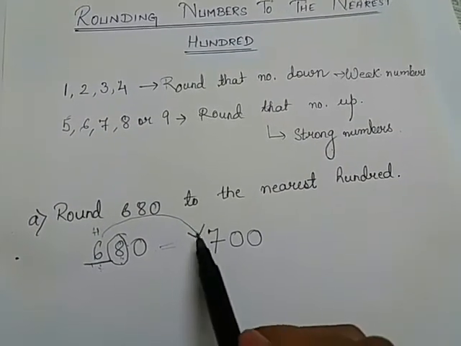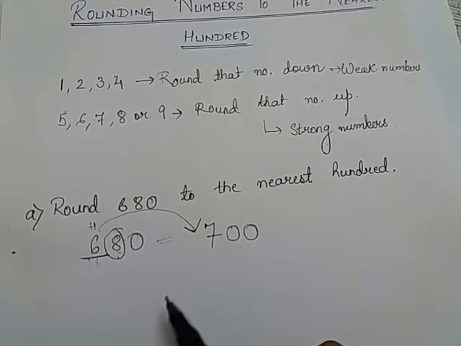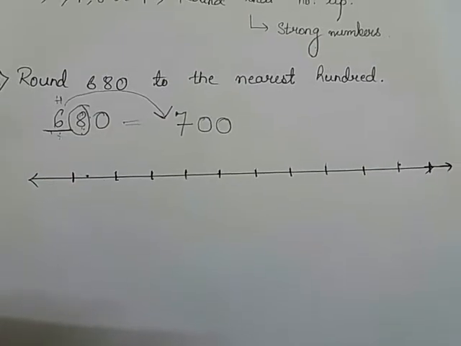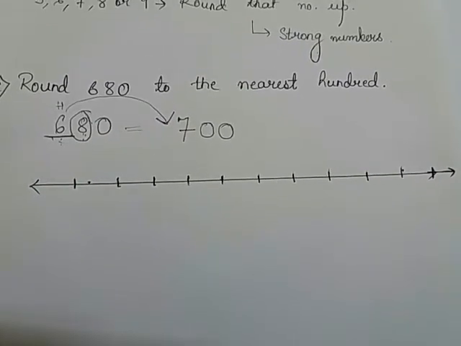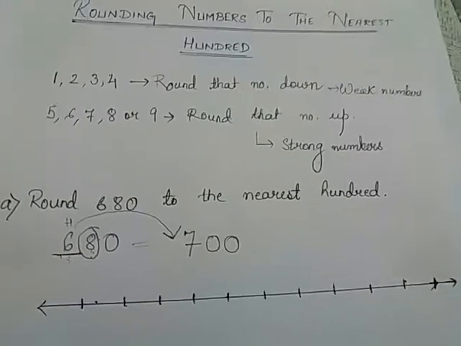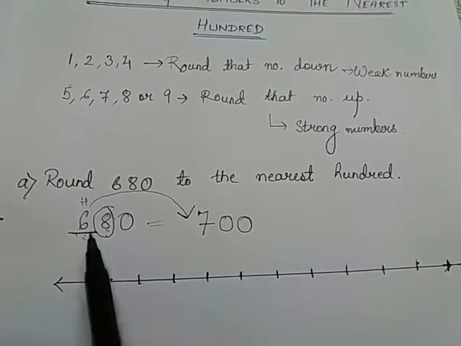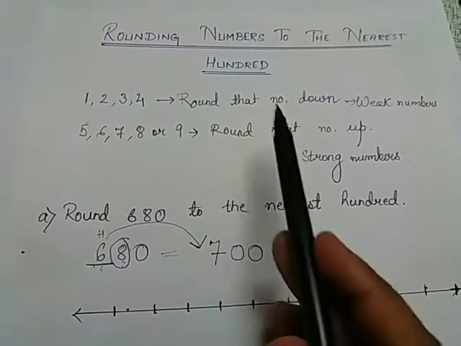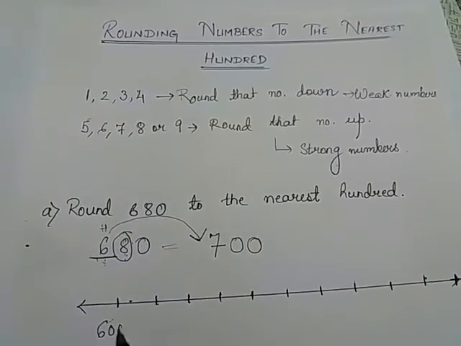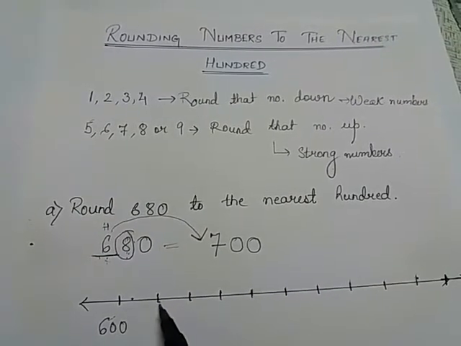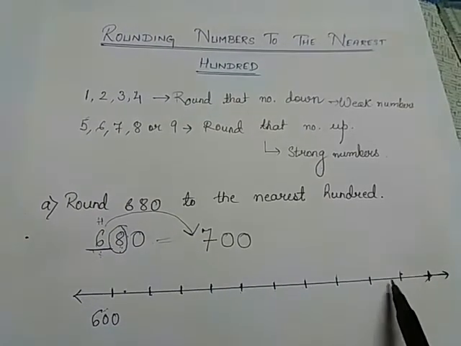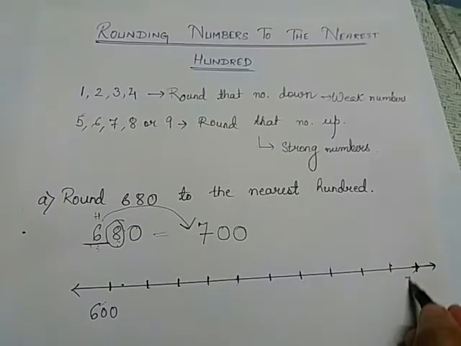This is one way, and let's go to the next way, which is the number line. So here is our number line, which we have divided in equal parts. Now we will put the values from the left side. Since we have to round it to the nearest hundred, we will start from 600. 600, 610, 620, 630, 640, 650, 660, 670, 680, 690, 700.